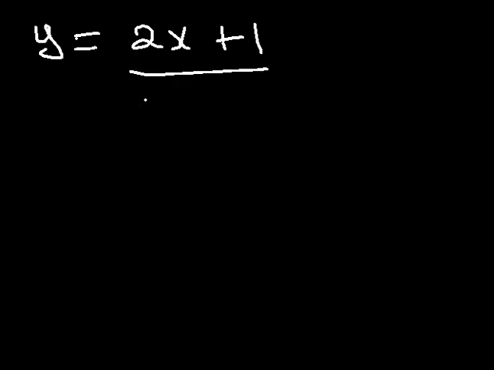So now sometimes we can also have this kind of case. Let's say we have the function y is equal to 2x plus 1 divided by 4x. Let's say we just have it this way.